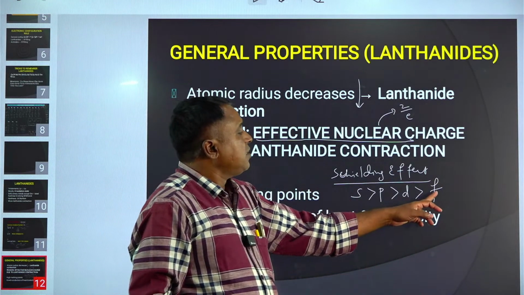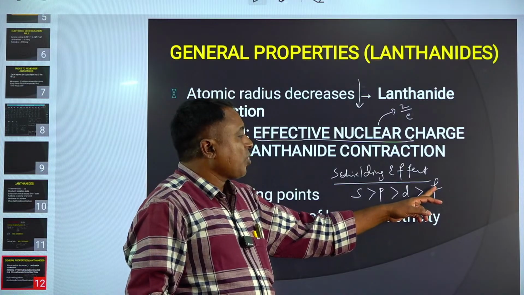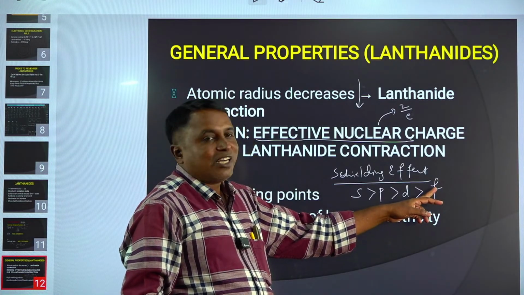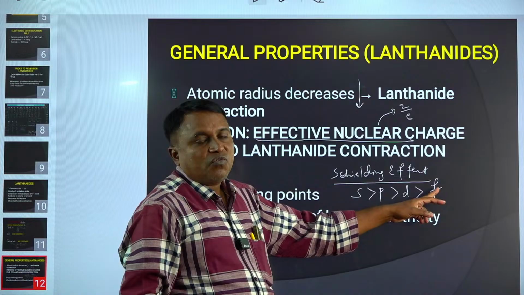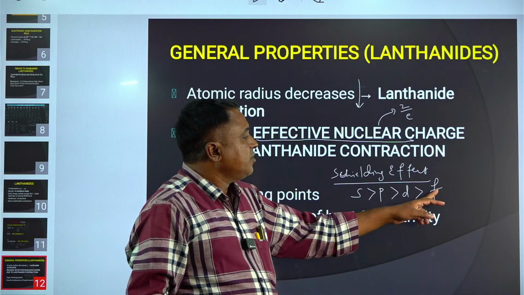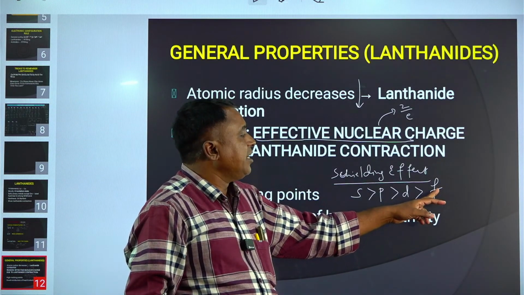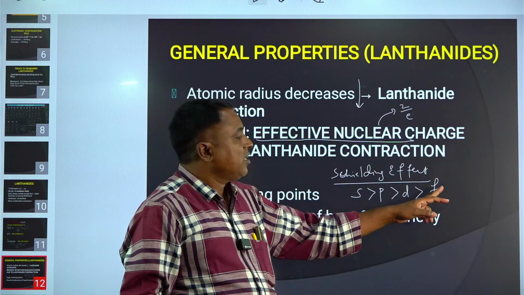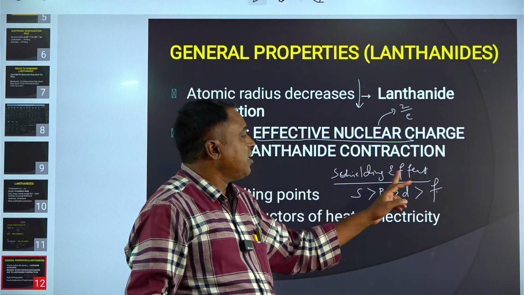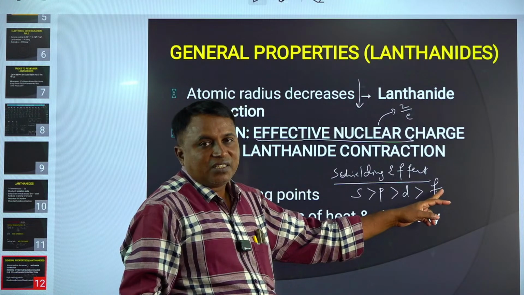So in the case of lanthanides, the inner orbitals are 4f orbitals. Their shielding is very less. The 4f orbitals have a very weak shielding effect.